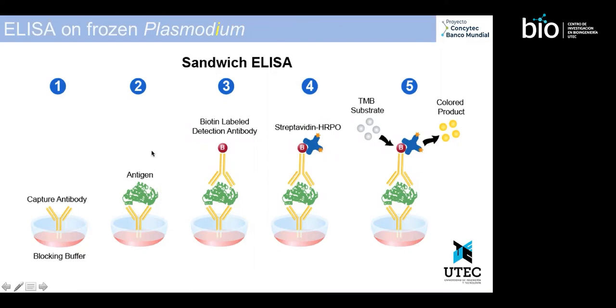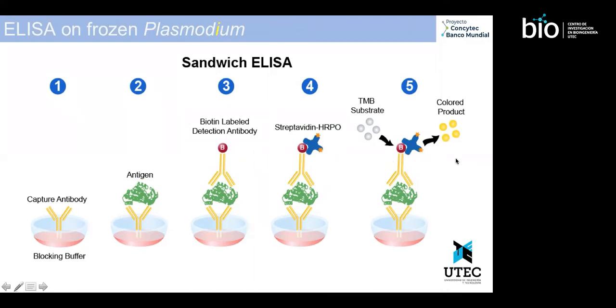Then you do detection with a similar antibody, which has a biotin label, which attaches to your antigen, and you're going to use a strep with an HRP, which at the moment I do not know what that is, a fluorophore. So it will light up when you put another substrate through it, so that you have a colored product.